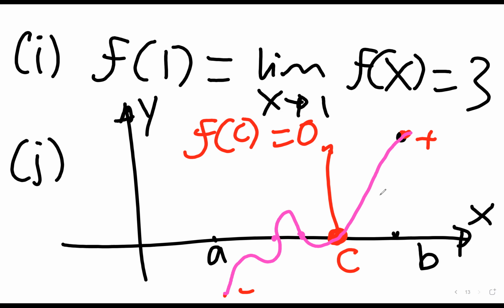The first is negative and the second is positive, or similarly, if f(a) is positive and f(b) is negative, it's also the case. Then at a certain point we have to intersect the x-axis.